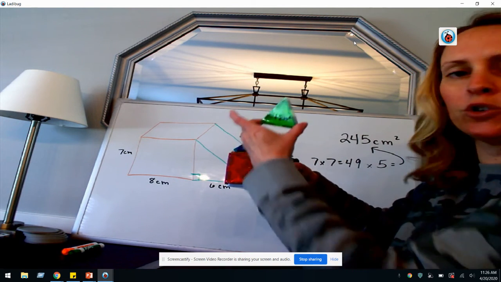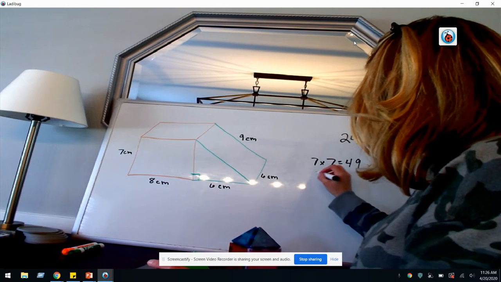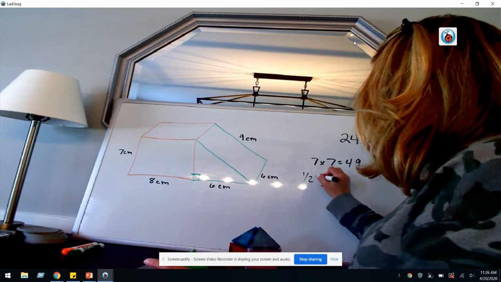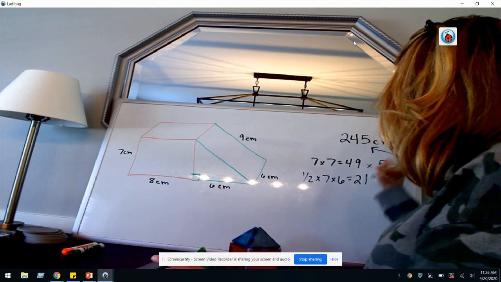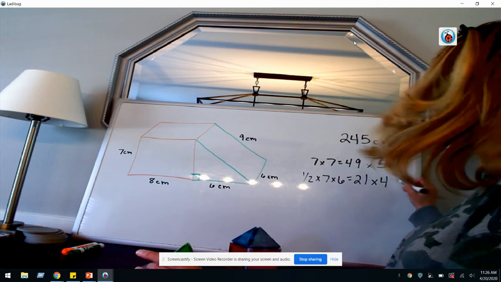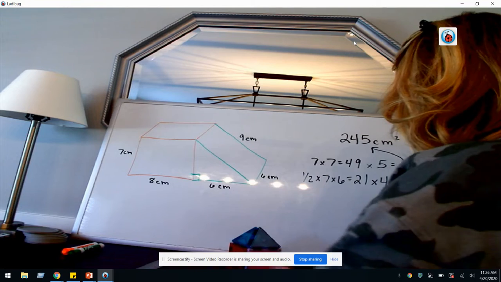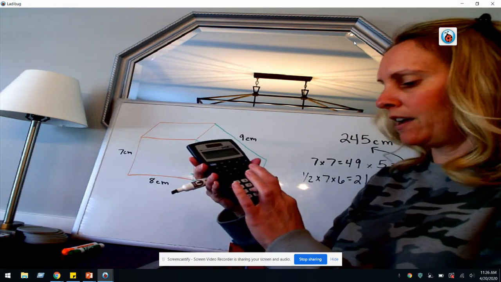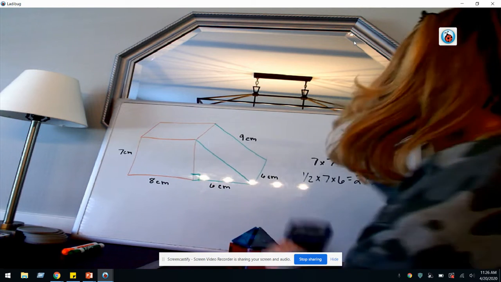It's made up of 2 shapes put together. So again I did 1/2 times 7 times 6, and I got 21. And then I need to multiply that by 4. Okay? 21 times 4 is, maybe you can do that one in your head, but 84.